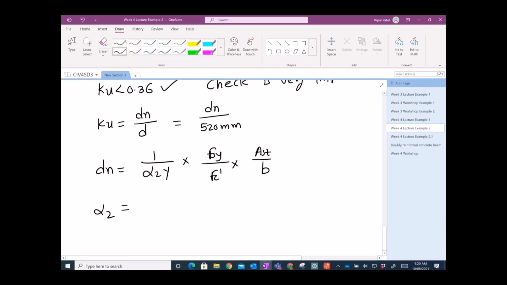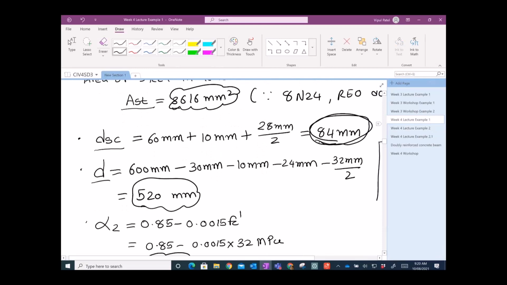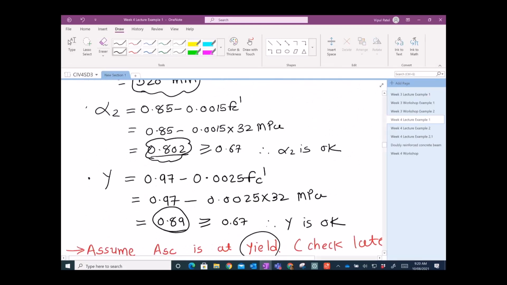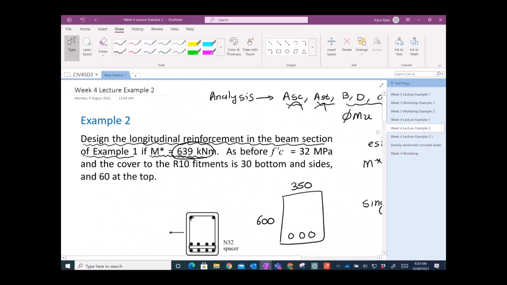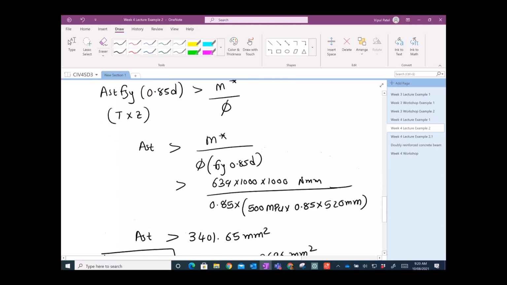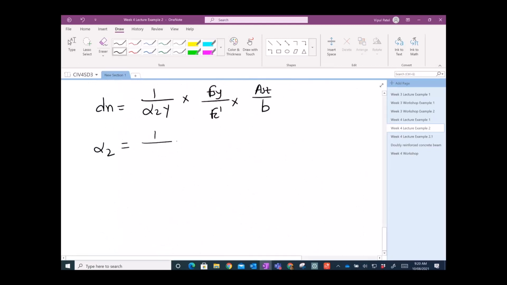In our last one we calculated alpha 2 as 0.802 and gamma as 0.89. So 0.802 times 0.89, fsy 500, and I believe there was 32 megapascals.